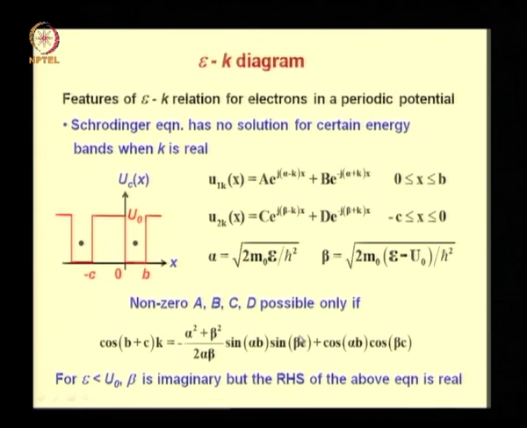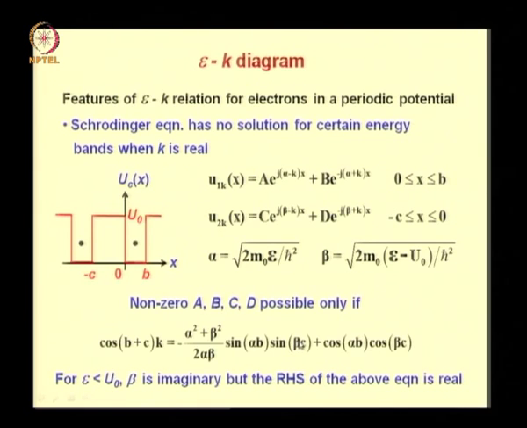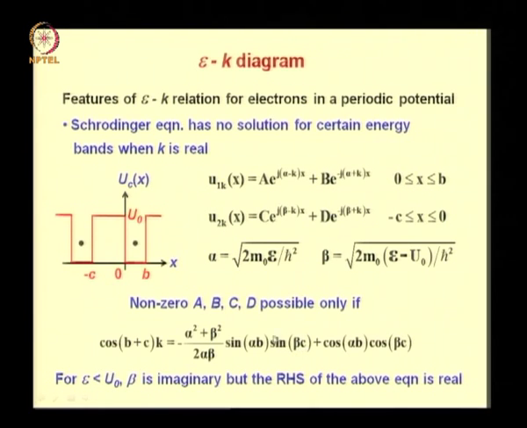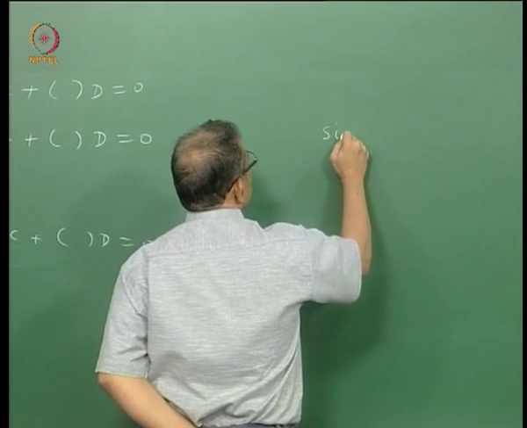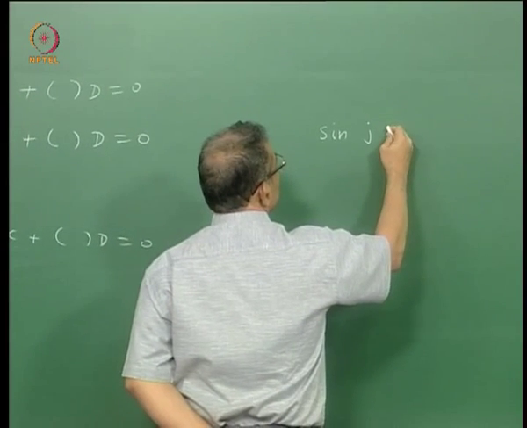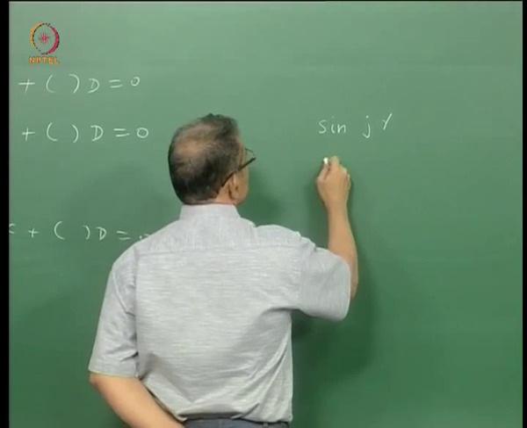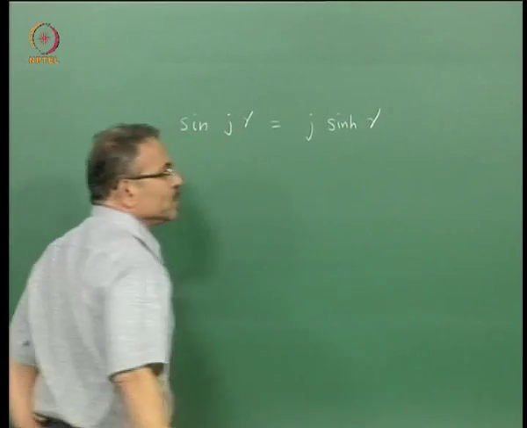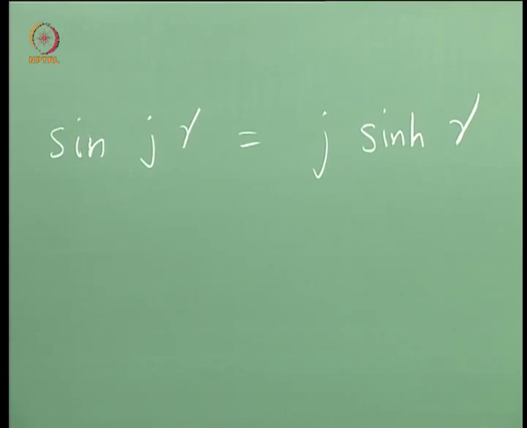Now here, this beta you can write it as some j times some constant. Now sine of j times some constant is nothing but j times sine hyperbolic of the same constant. Sine of j into some gamma, let us say, is equal to j into sine hyperbolic gamma. You can show this very easily, right, using exponentials.